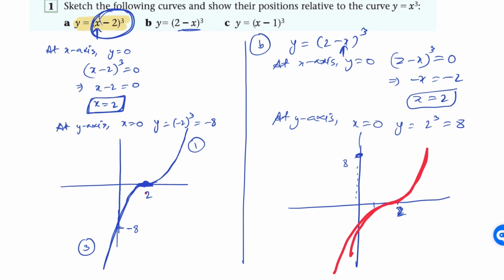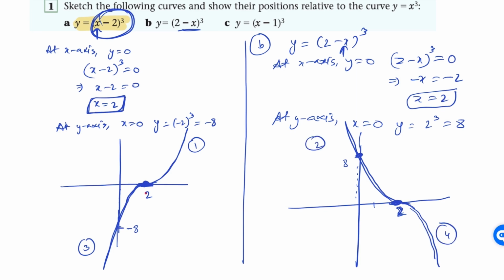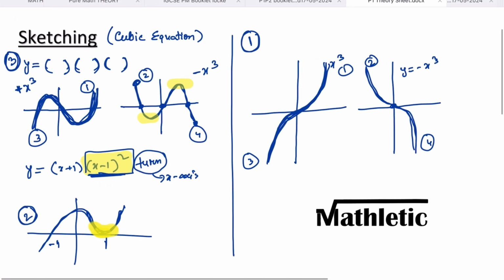So we need to draw the alternate options, as in the second option. We will start at 2 and then continue like this. That's when the curve will be on the second and fourth quadrant. So if I summarize everything, this is the scenario.